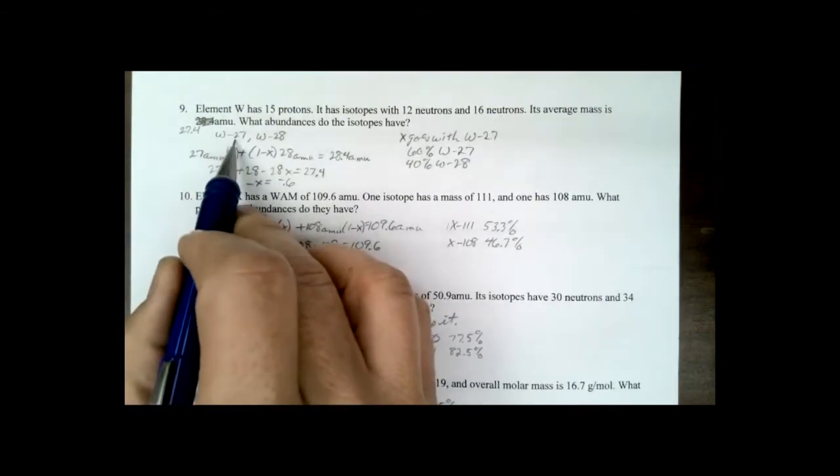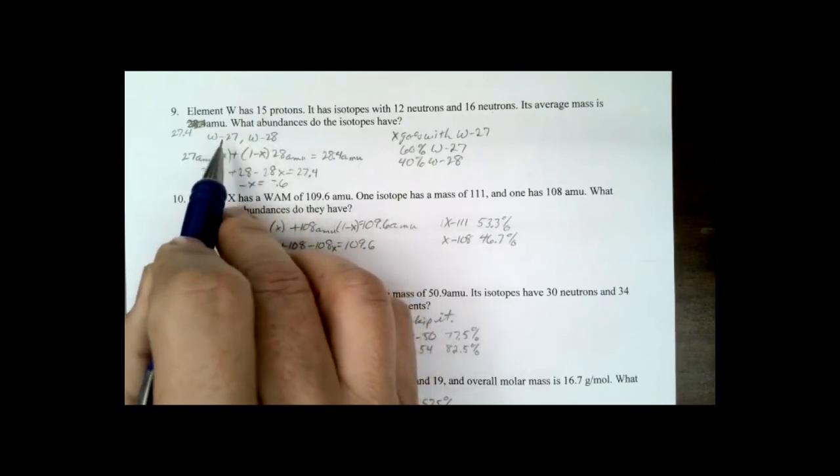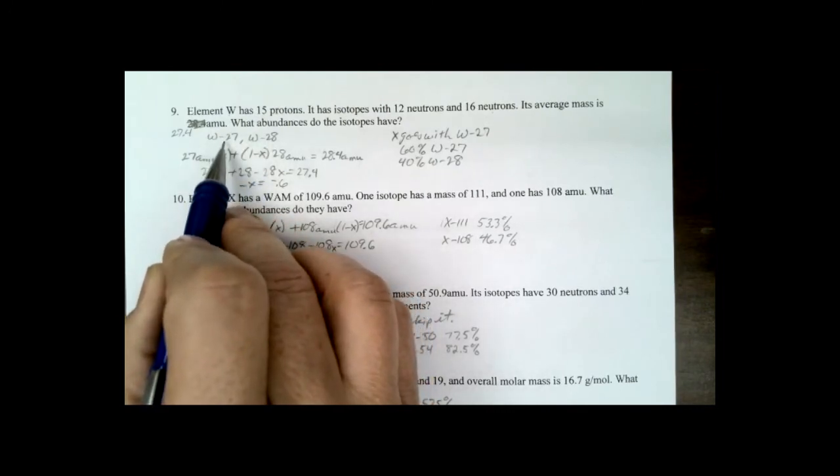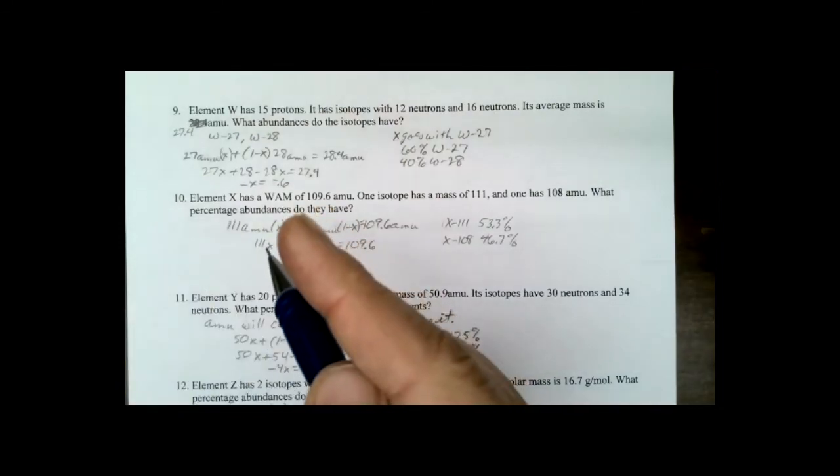Now here's the logic. This could be 10%, which would mean this would be 90%. This could be 15%, in which case this is 85%. In other words, it's 100% minus whatever the other one was. Or in regular numbers, it's 1, because 100% is one whole.